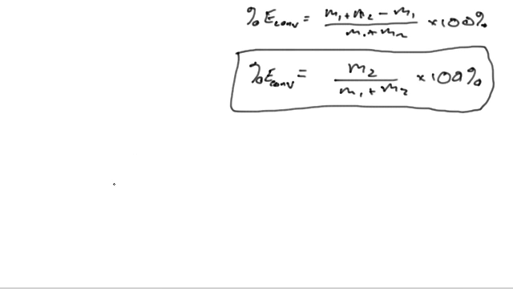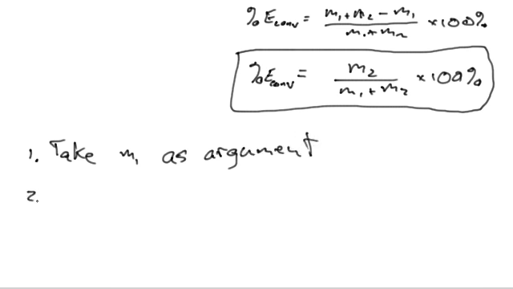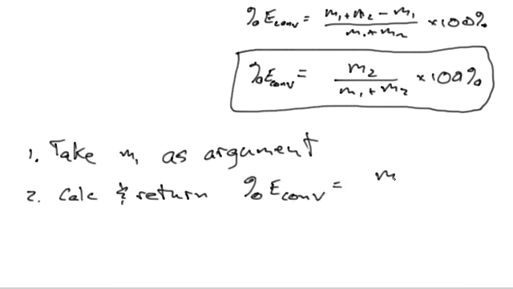So I'll go 1. Take m1 as argument, 2, calculate and return percent energy converted, which is equal to m2 over m1 plus m2 times 100%.